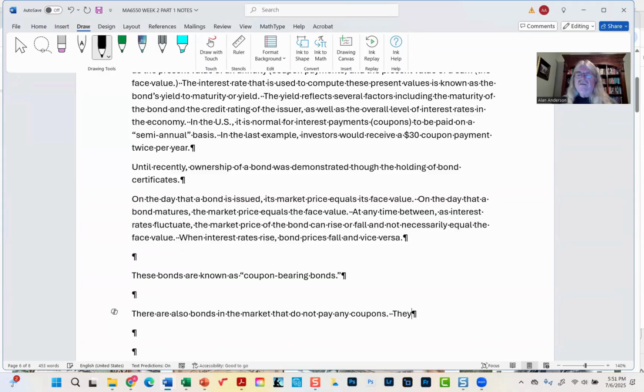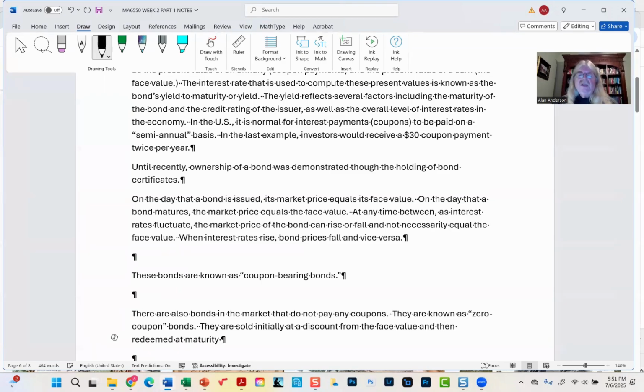They're known as, you can imagine, zero coupon bonds. So why in the world would you buy them? Because they are sold initially at a discount from the face value and then redeemed at maturity at the full face value.